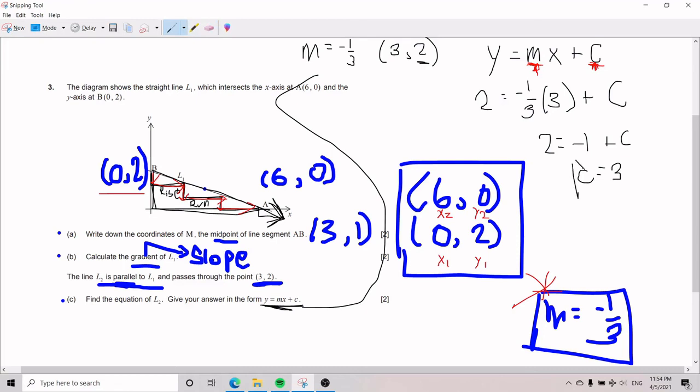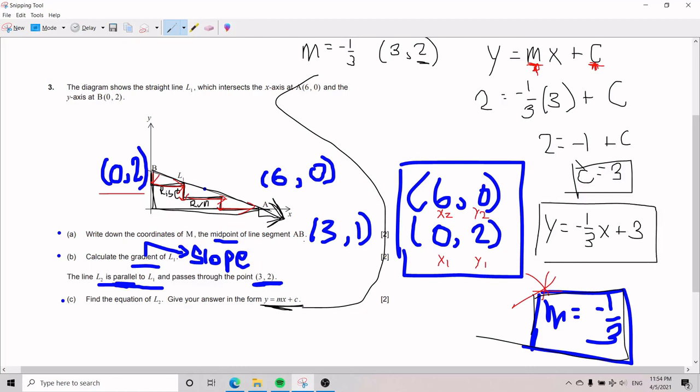And so if c is equal to 3 and m is equal to negative 1/3, we can see that my line in the form y equals mx plus c is going to be y equals negative 1/3, which is my m, x plus c being 3, because that's what we just found. So this is how you do part C to find the equation of L2.